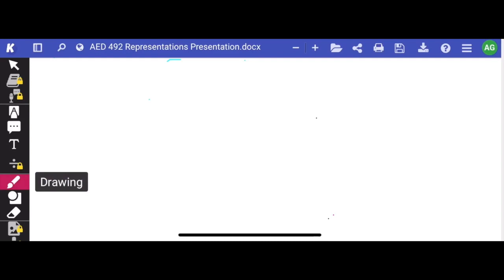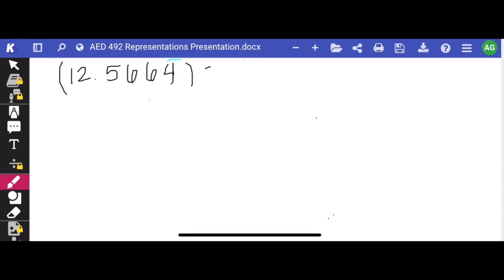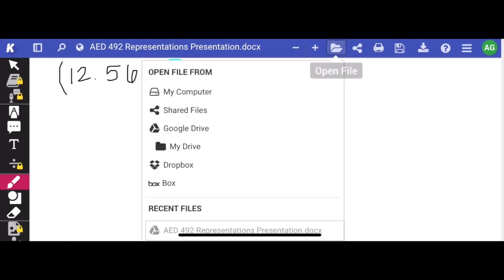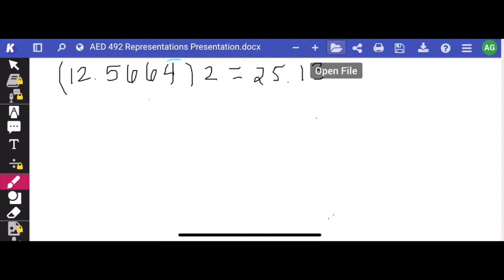So 2 times 12.5664, and that'll give us 25.1327. And that's going to be the value for the area of both circles, the top and the base. And we'll make a note of that.